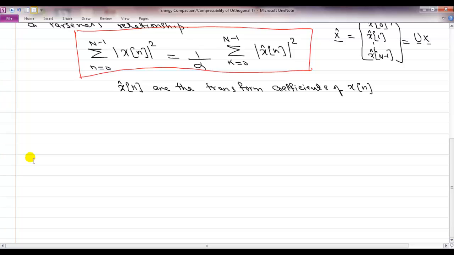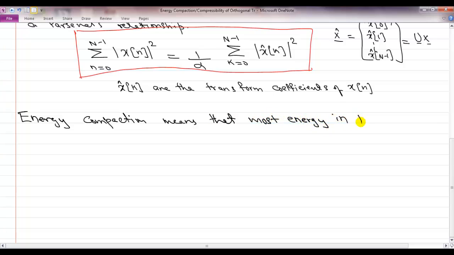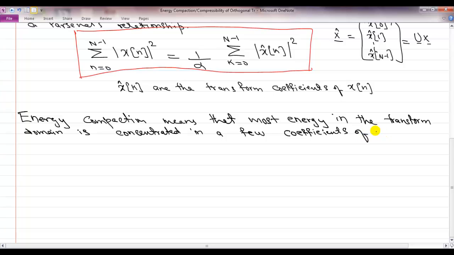So energy compaction means that most energy in the transform domain is concentrated in a few coefficients of x hat.